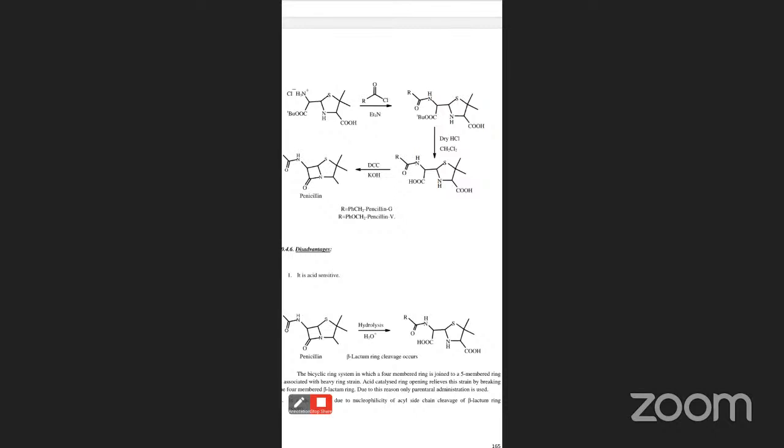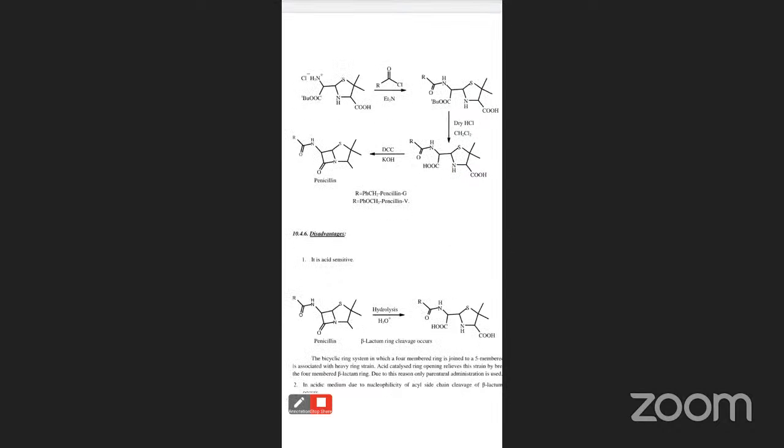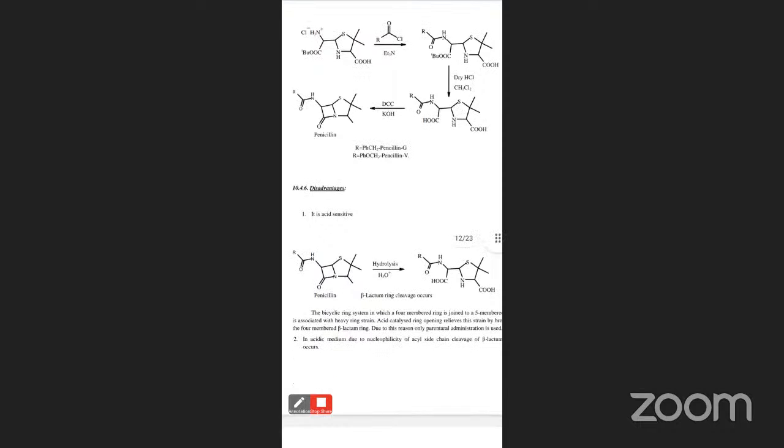Then by treating with DCCD, a coupling reagent, in the presence of potassium hydroxide, we get the penicillin, the R substituted penicillin. In place of R, if you take the benzyl group, you will get penicillin G, and if you take the phenoxymethyl group, you will get penicillin V.